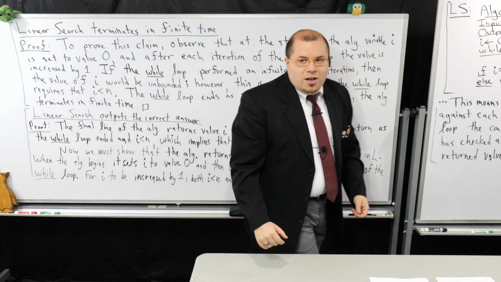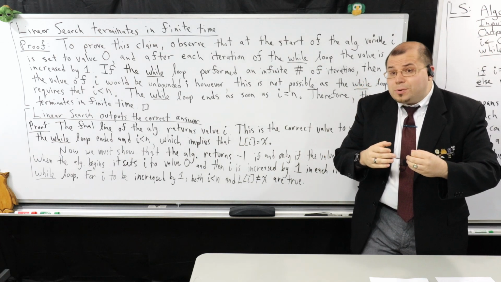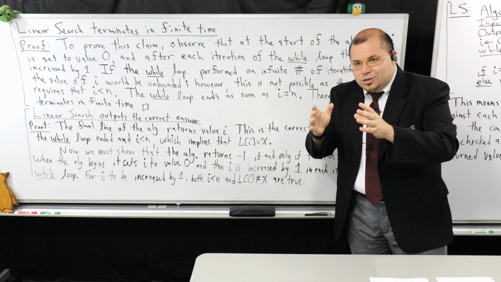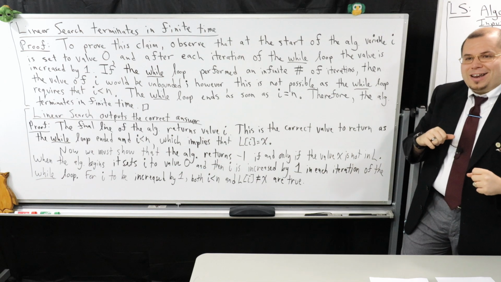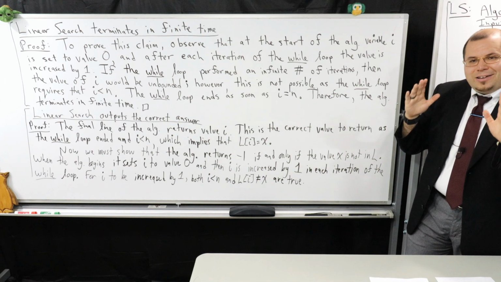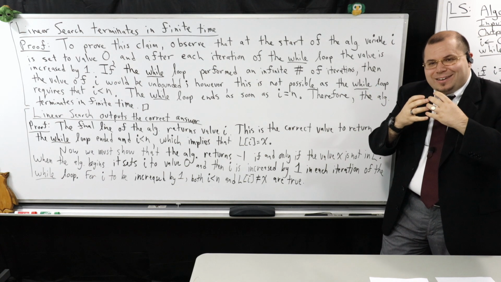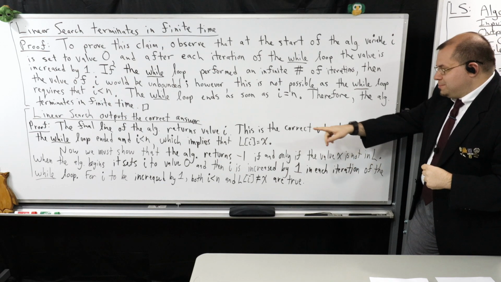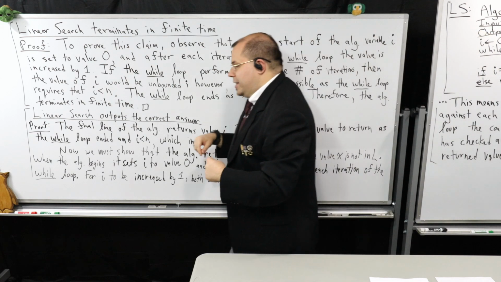I'm going to start off by assuming that the algorithm returns -1, and I'm going to describe, using logically equivalent statements, how to get from that conclusion to the value x is not in L. Is that clear to everybody? If you wanted to really get your teeth dirty and bite into this thing like a big juicy burger, you could prove one side of this, then the other side, because it's an if and only if claim.